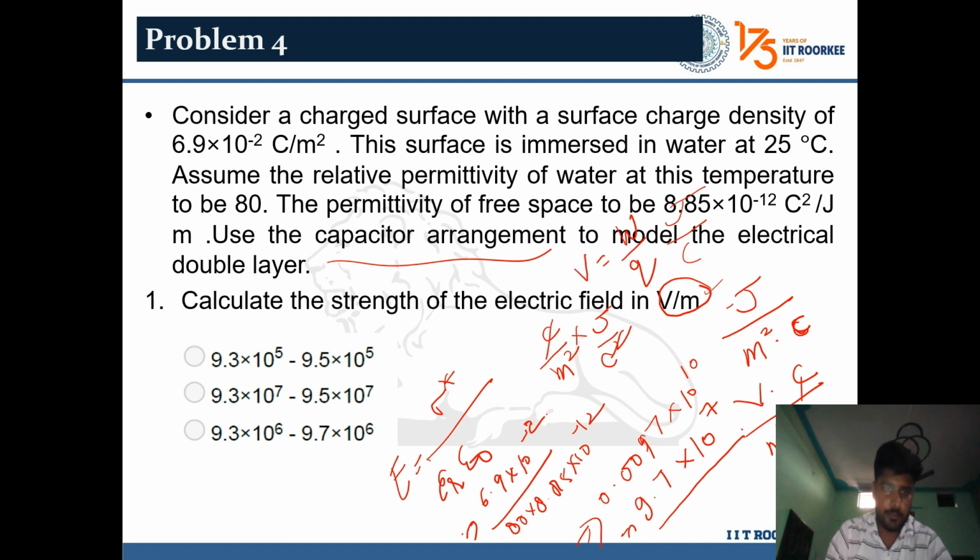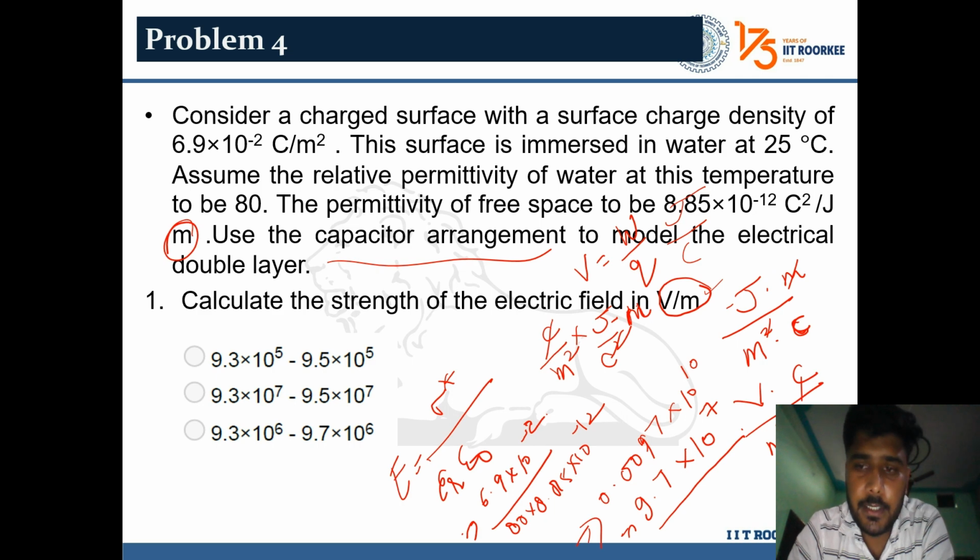Let me check it again. 8.85 10 to minus 12, 6.9 10 to minus 2. This is coulomb square per joule meter. Sorry for that, and it will be the meter. So this term will cancel out, and you will get the answer in volt per meter.